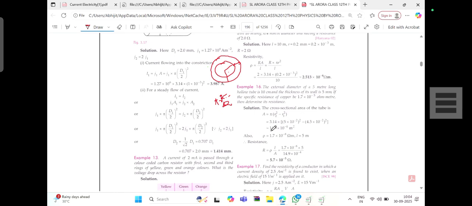So you get the area of the cross section, ρ is given here, and L is 5 meter, clearly mentioned here. So resistance will be R = ρL/A, and you put all the values of these parameters, you can easily find the resistance.